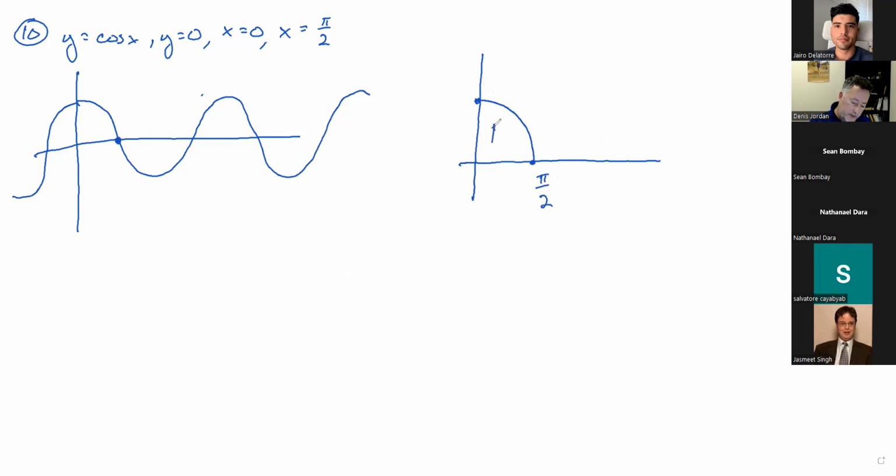So this would be region R, and it hits the y-axis at 1. So that would be part A, your graph.